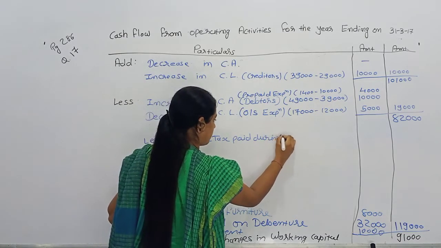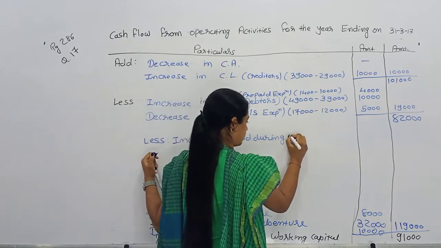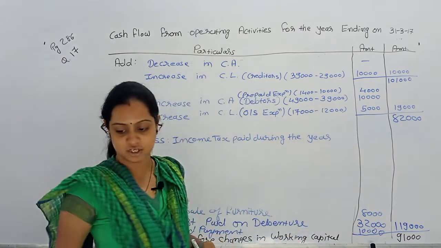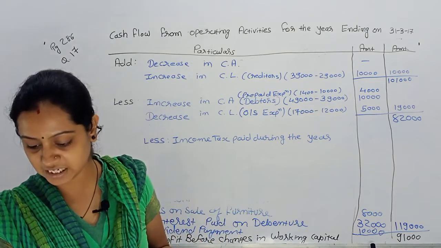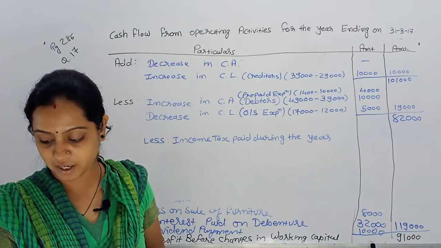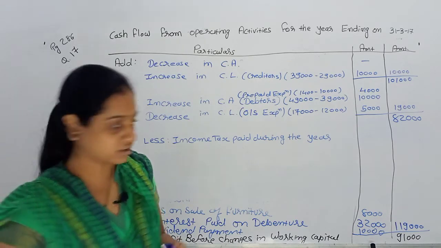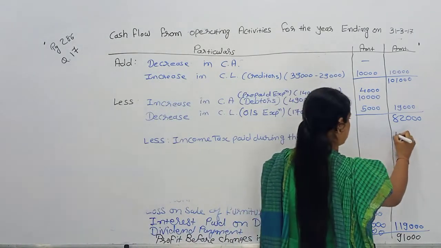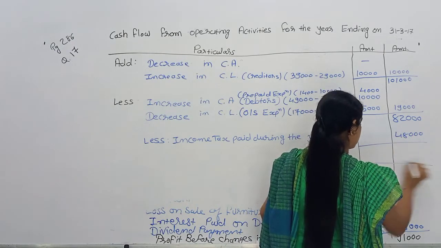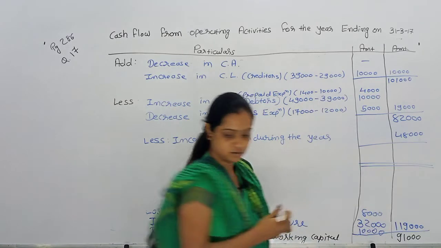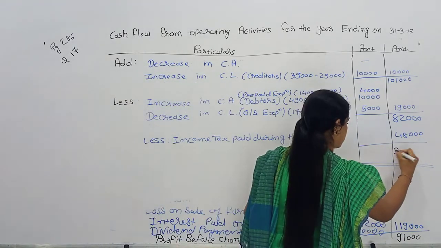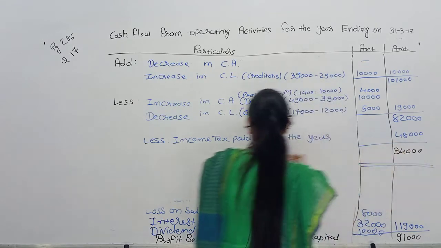We have paid the amount of the beginning. So check in taxation provision. The opening amount is 48,000. We have to less 48,000 from 82,000, and our answer will be 34,000.